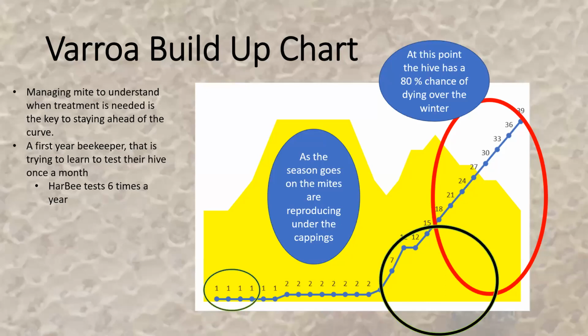I'm testing six times a year. I'm testing once in this first circle time, three times during this black circle, and once in late winter or late fall as needed there.